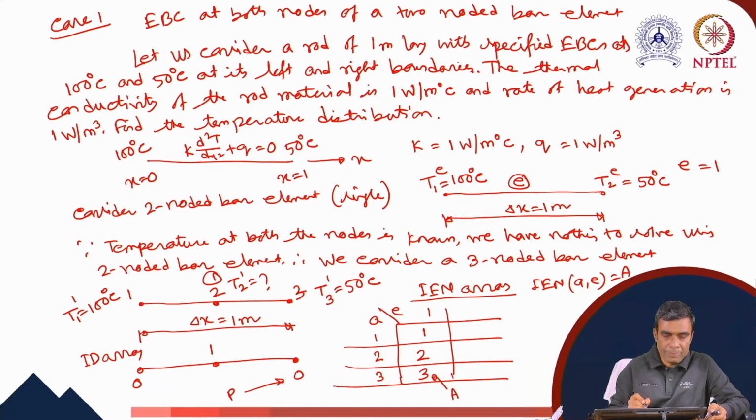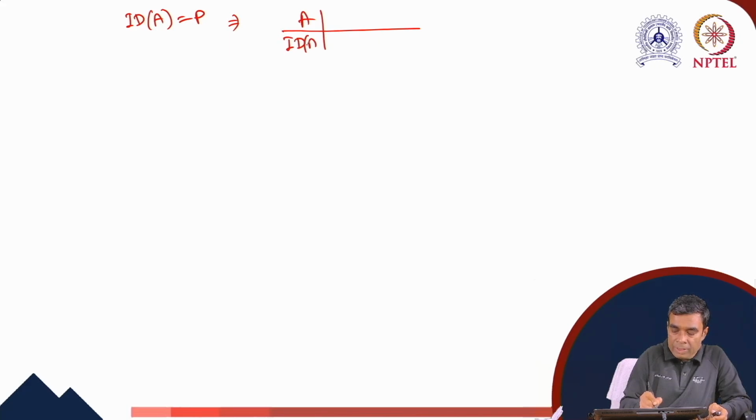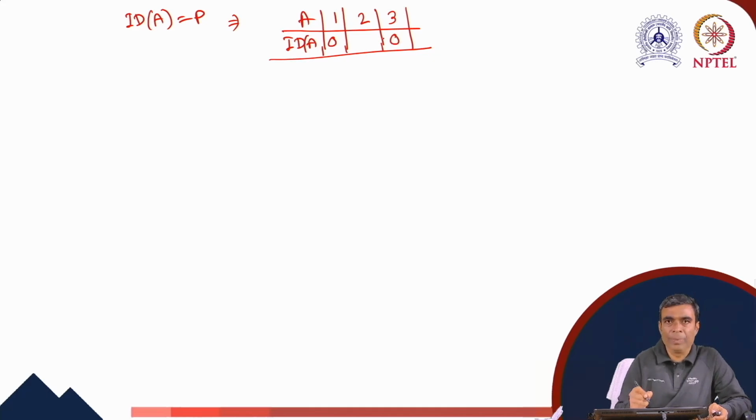From here, we can construct the ID array as IDA equals P, and this gives us A versus IDA as global node number 1, 2, 3. At global node number 1 and 3, equation number is 0 because we are given the solution already. At global node 2, we are left with only one equation. So we shall generate only one FEM discretized equation, and that is at global node 2.